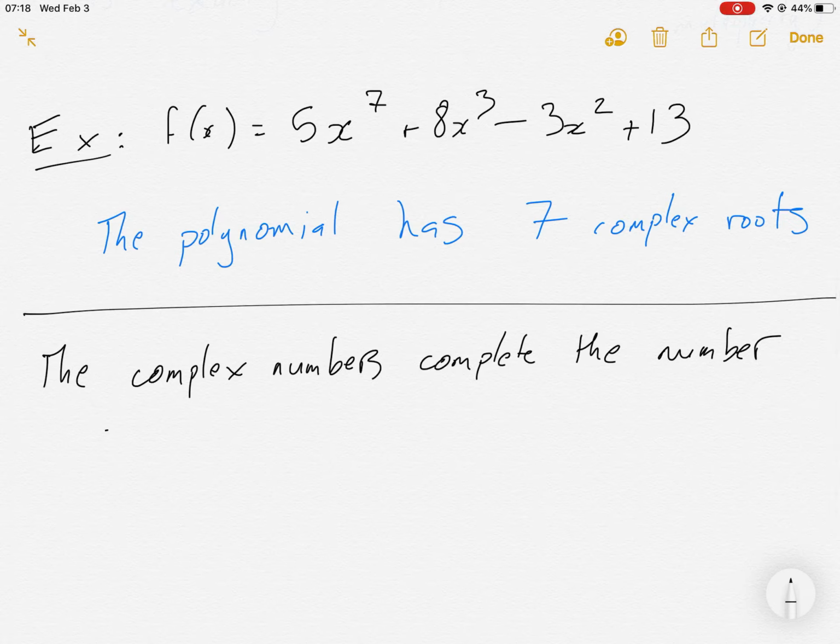The real numbers are sort of lacking because we can't solve every single equation involving x's. We have that square root of negatives that come up, but the complex numbers are really powerful because they essentially complete the number system, and now we are totally able to solve every polynomial we come across.